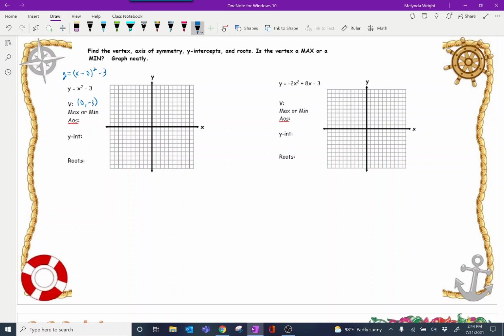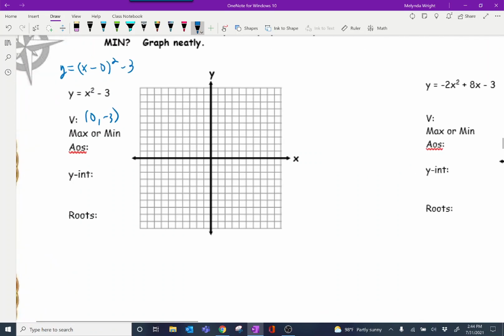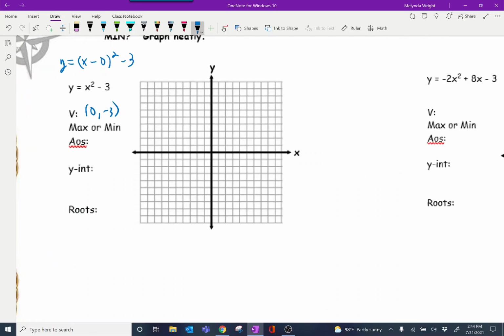So let's make this a little bit bigger. So 0, -3, there's my vertex. Since this is going to be going up, since a is a positive 1, my vertex is at a minimum. My axis of symmetry is x equals h, which is 0.